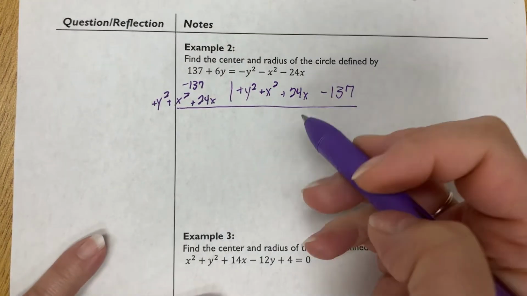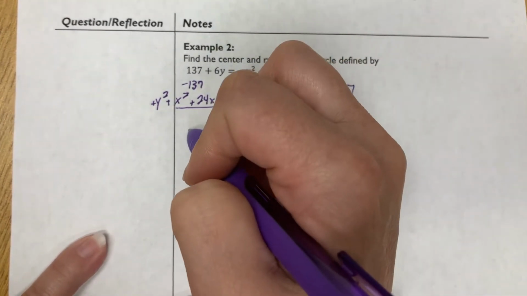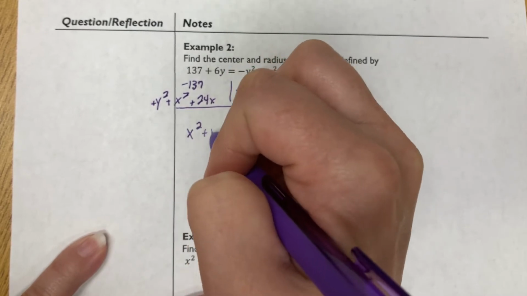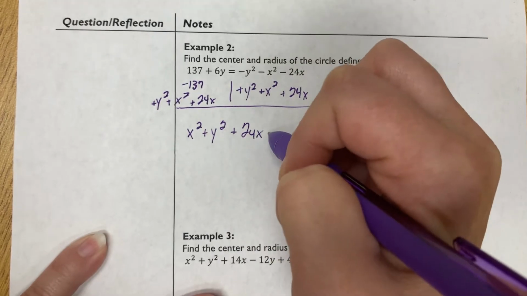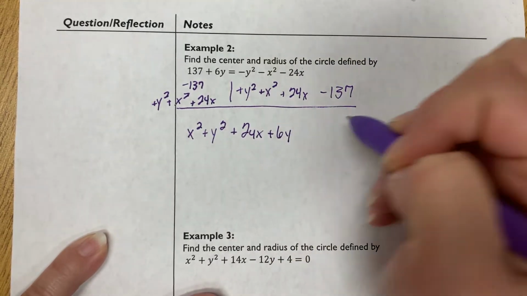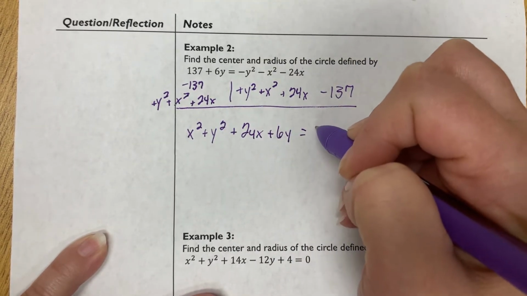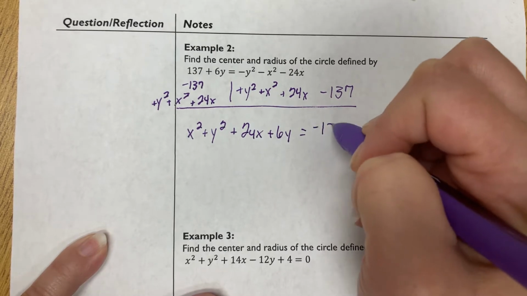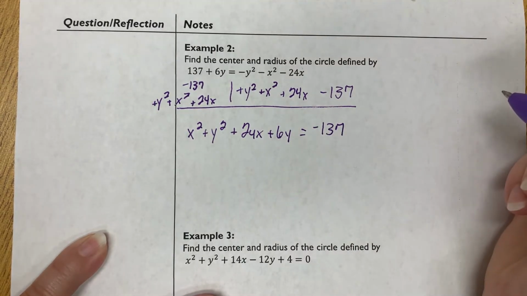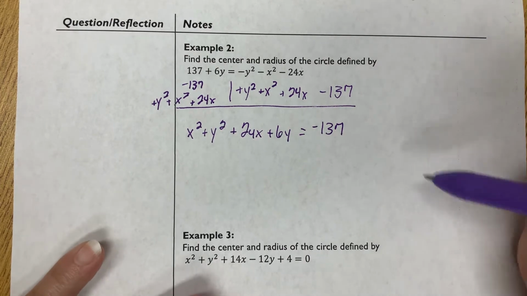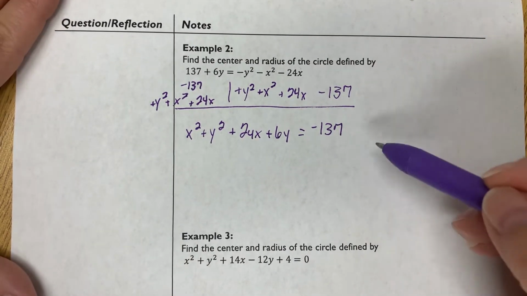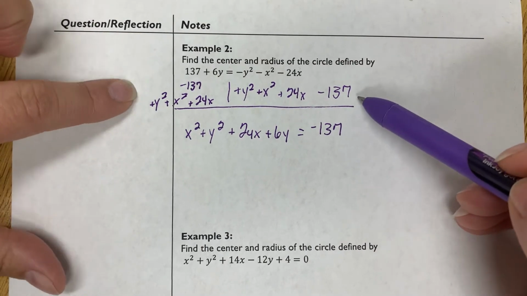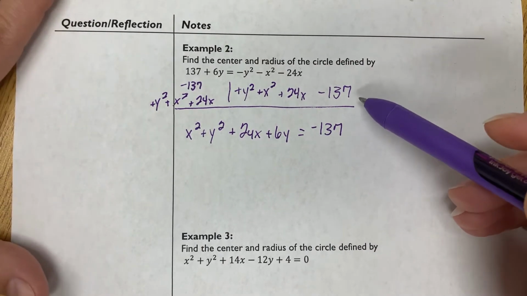So we're going to just rewrite this in the standard form. So I've got x squared plus y squared plus 24x plus 6y equals -137. So this is similar to what we saw in the first problem as far as how we started. We just had to do some additional algebra to move things over in the right place.